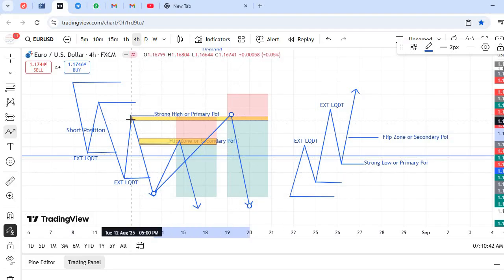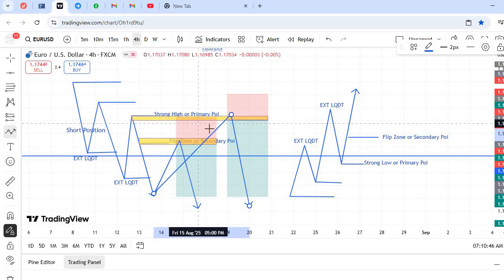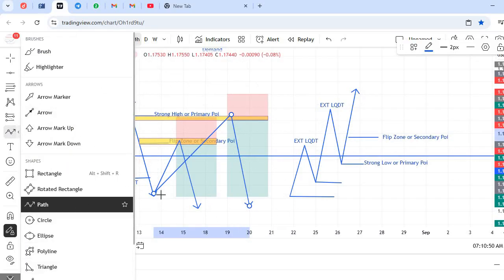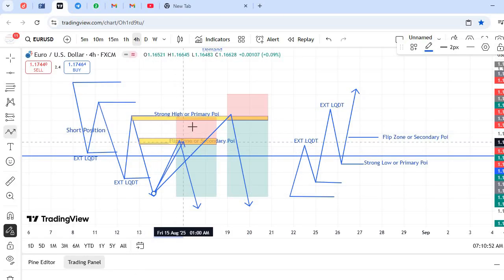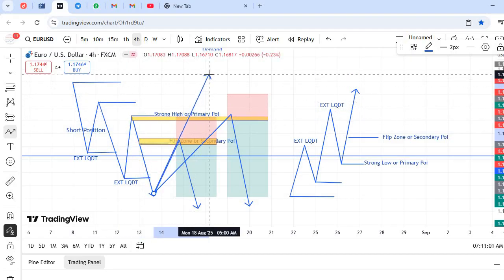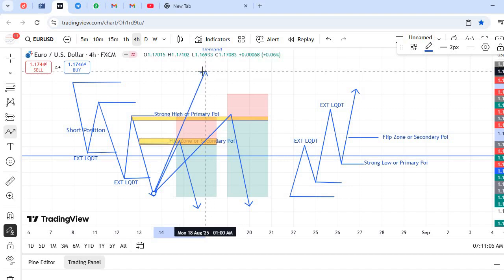Now this strong high is the last high, because it's expected to be protected. But if, for instance, price did something like this, got here, took out, got here, broke out, and it now broke out this last high and continued going up, then we might be looking at a change of trend or a change of character.